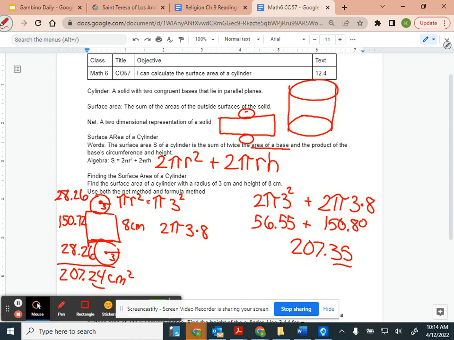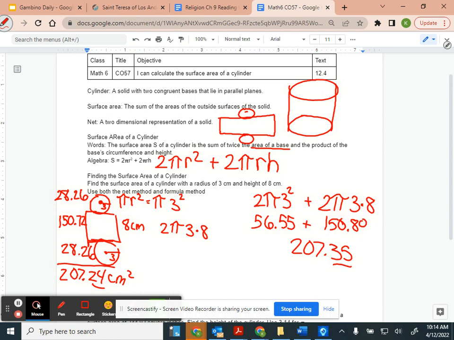For this year, we didn't have this specific calculator listed, so I'm not making parents go out and buy a new one. But for next year, you do have to have a specific calculator for Mr. Schultz, and he will want you to be in the habit of using the pi button. So if you have the pi button on your calculator, use it. If you don't, you're going to do the 3.14.